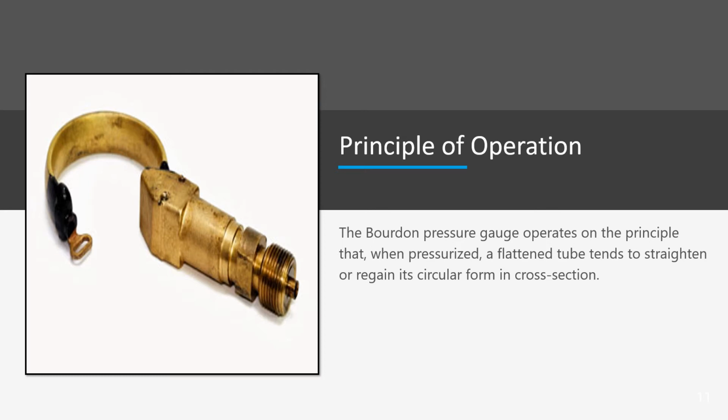The Bourdon tube comes in helical and spiral shapes too. So we have the C-shaped Bourdon tube, the helical Bourdon tube, and the spiral-shaped Bourdon tube. Although most gauges employ the C-shape, meaning the most popular kind of Bourdon tube is the C-shape, which is the type of Bourdon tube actually in the picture. That is a C-type Bourdon tube.